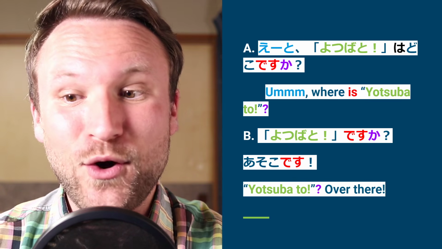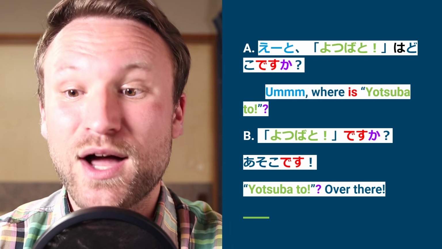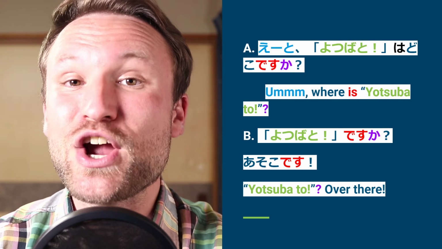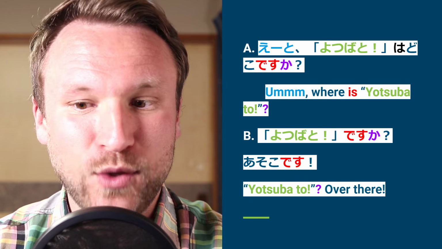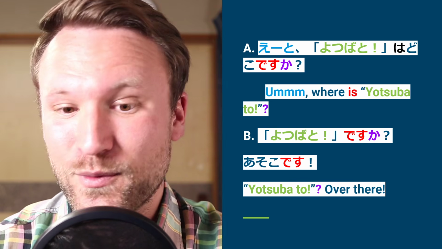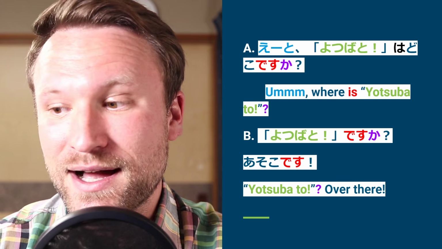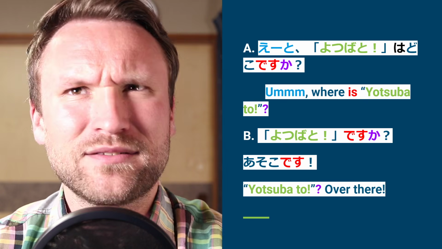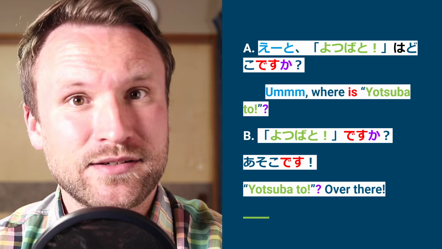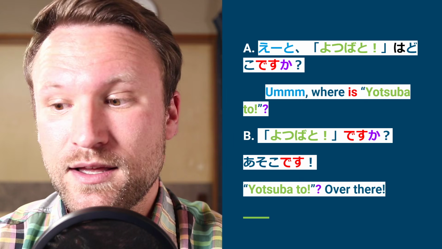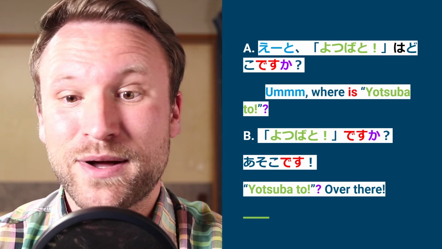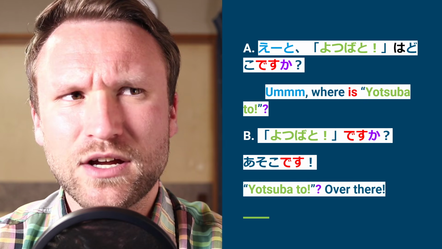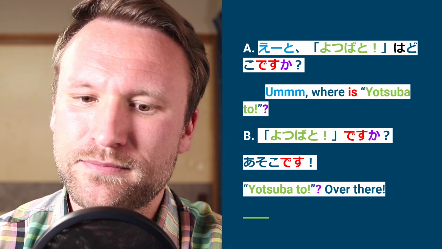四つ葉とはどこですか? どこですか is where is it? And what we're looking for is 四つ葉と. Now, 四つ葉と, with an exclamation point, is a manga that's about a little kindergartner kid and her dad, her single dad, that live together here in Japan. And I think he's an author. I'm not really sure. But it's a relatively easy to read manga.